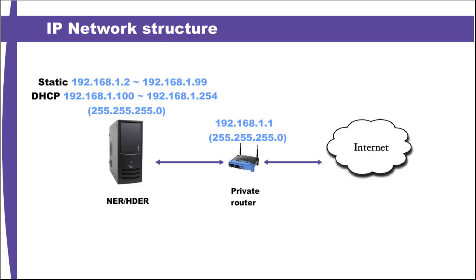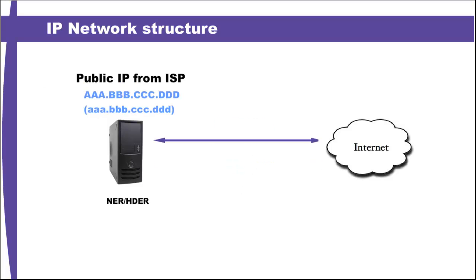This means that the IP address would be out of the DHCP range or IP pool managed by the DHCP server. Assuming the DHCP range starts from 192.168.1.100 and ends at 192.168.1.254, then one of the IP addresses between 192.168.1.2 and 192.168.1.99 may be specified on the system as long as it is not being used by any other computers in the same local network.